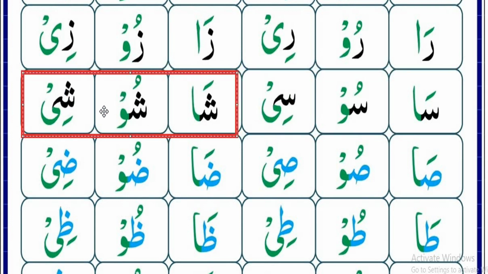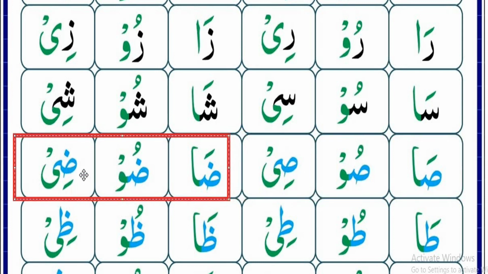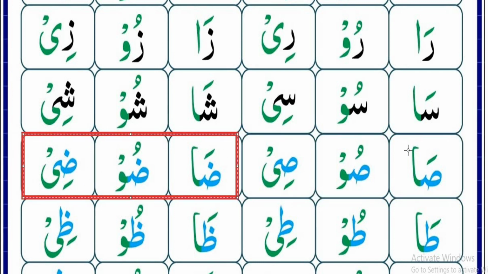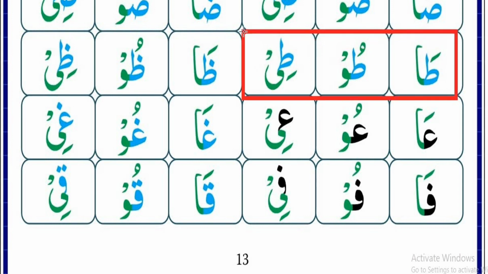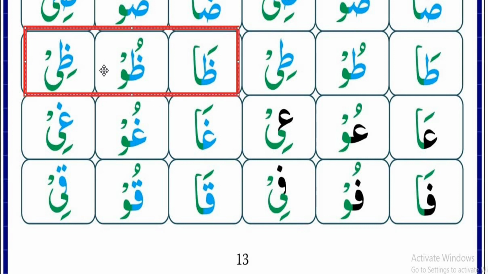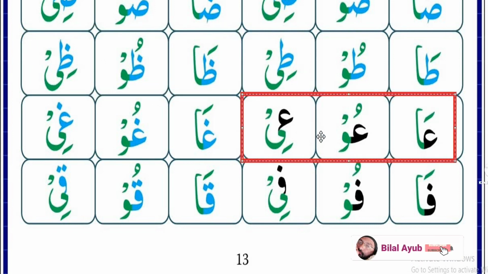Sha, shu, shi, sa, su, si, da, du, di, ta, tu, ti, za, zu, zi, a, u, i.